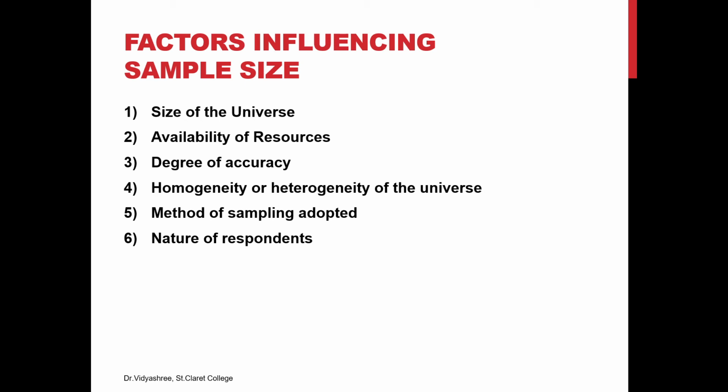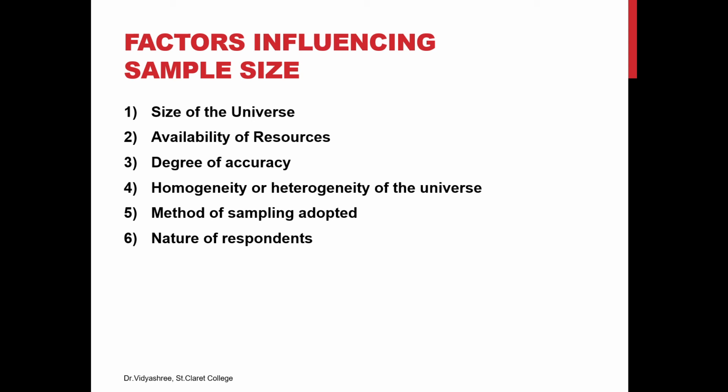If the target population is very high, for example, if you are studying about the students or bank customers, the target population itself is very high. So when the target population is very high, obviously the sample size which you determine should also be very high. Vice versa, if your target population is less, then the sample size which you determine should be less.